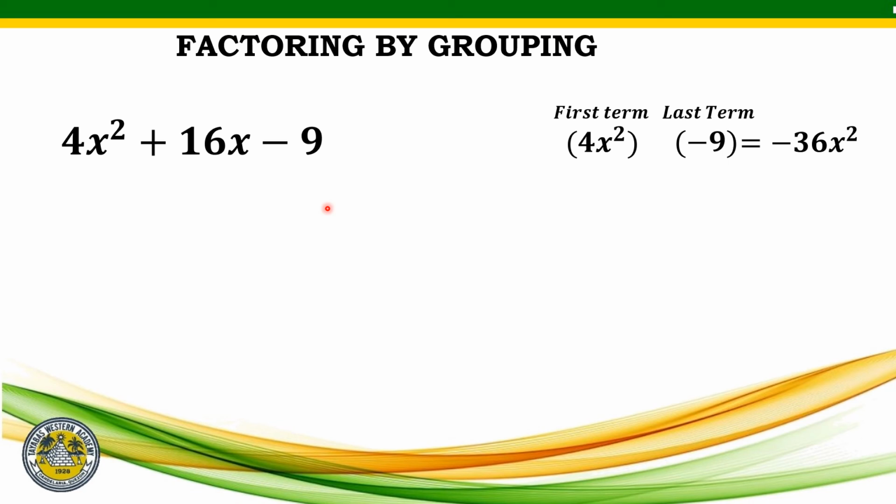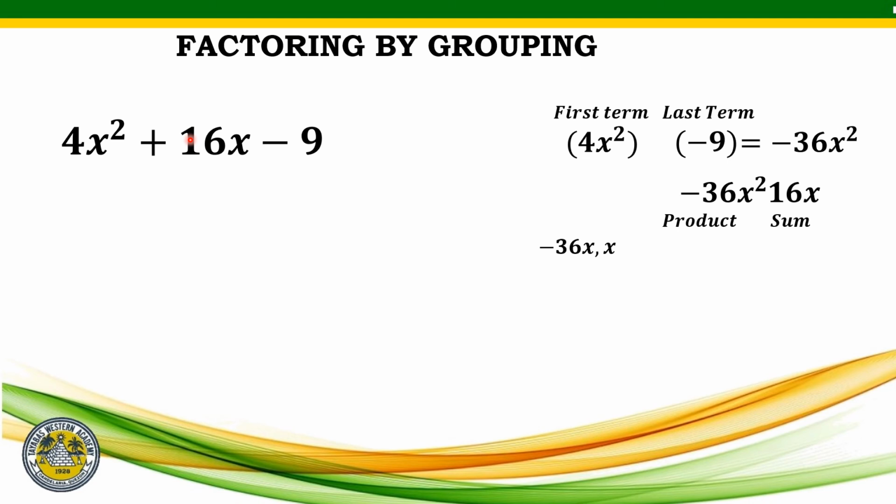So, ang kailangan natin is to identify or enumerate what are the possible factors of negative 36x squared na kapag pinag-add natin, ang magiging answer ay 16x.